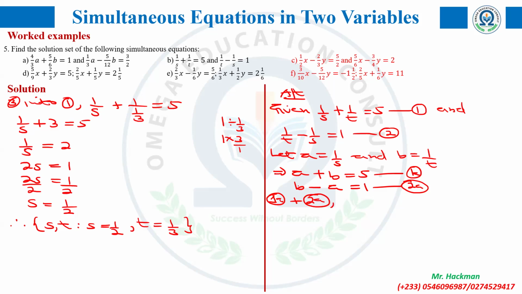So that gives me a plus minus a. The a will go. Then I'll get b plus b, that will give me 2b, is equal to 5 plus 1, that is 6. So 2b is equal to 6. Then over 2 over 2, so that gives me b to be equal to 3.